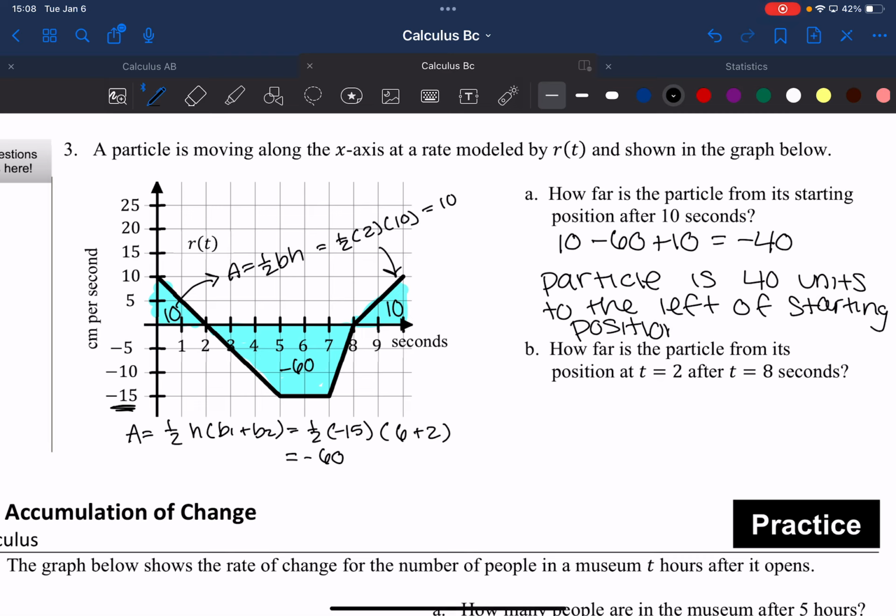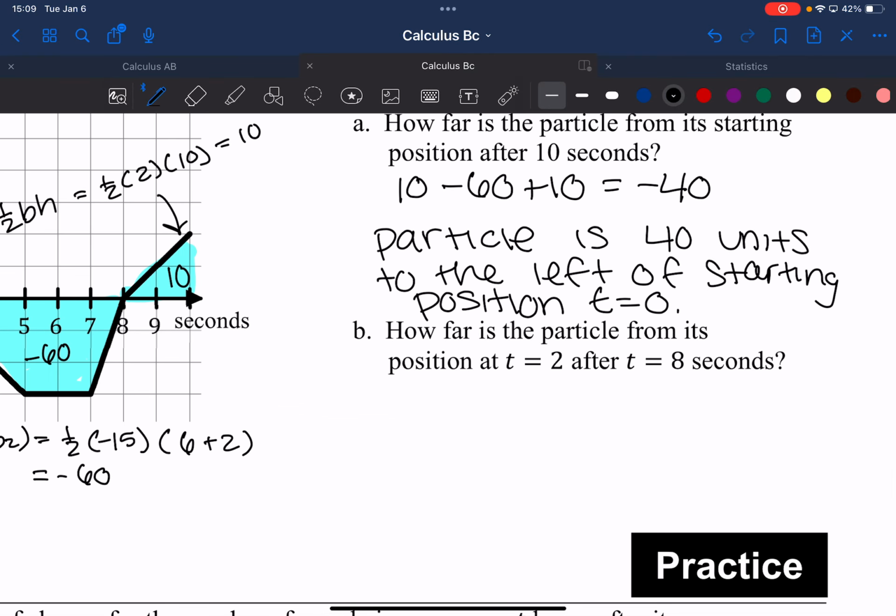In that case, that starting position is t equals 0. So notice in my statement, I did not put the negative value in it because here we are talking about the distance or the displacement from the starting to the end. So from 0 seconds to 10 seconds.